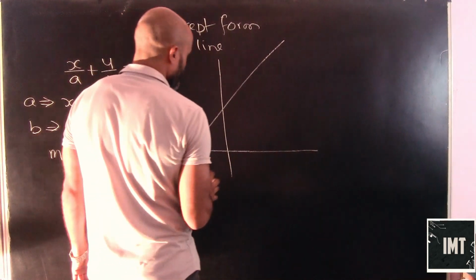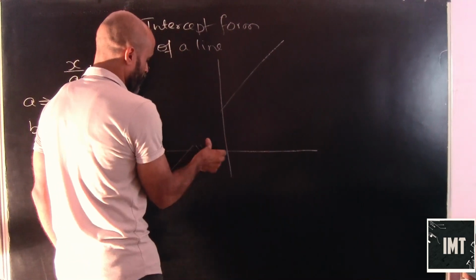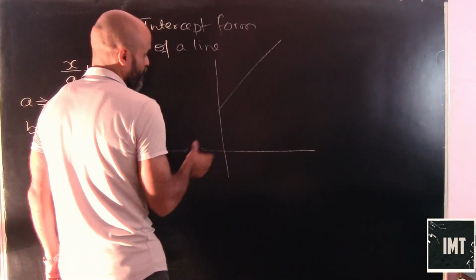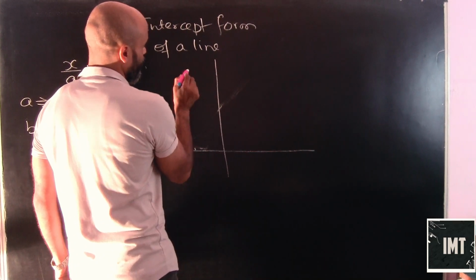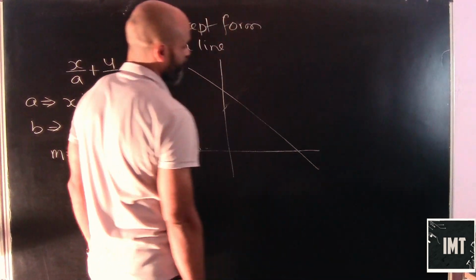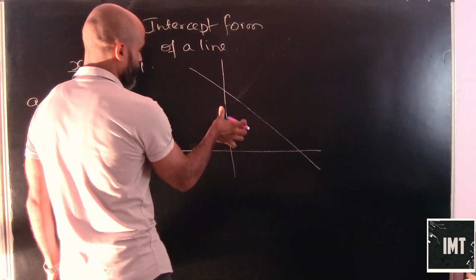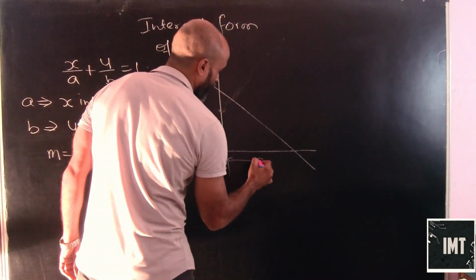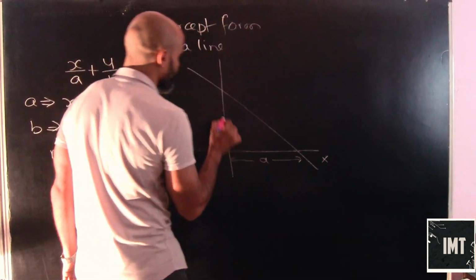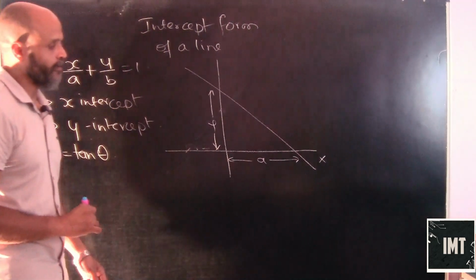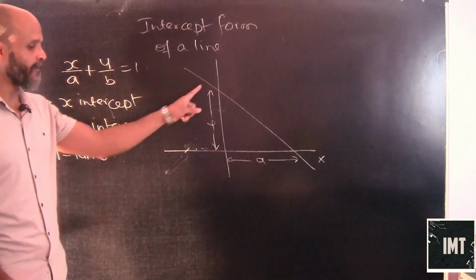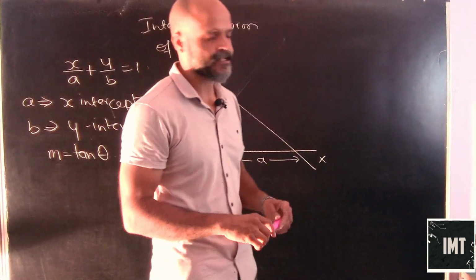Now let's take it this way, so that it cuts off intercepts on both the axes. So this is a line which is cutting off an intercept of a on the x-axis and an intercept of b on the y-axis. So we have intercepts on the x-axis and y-axis.